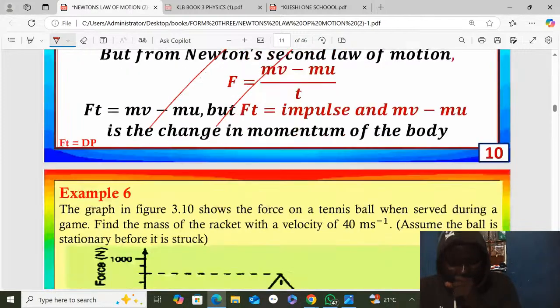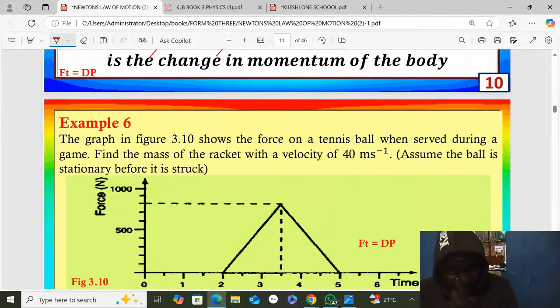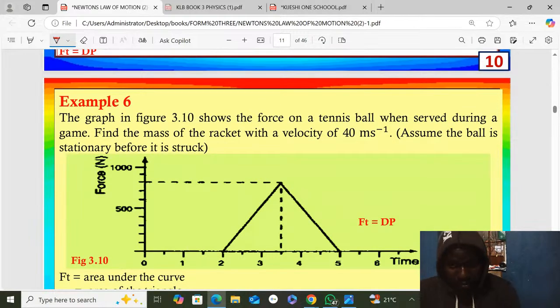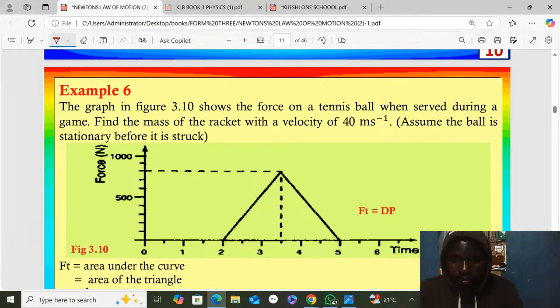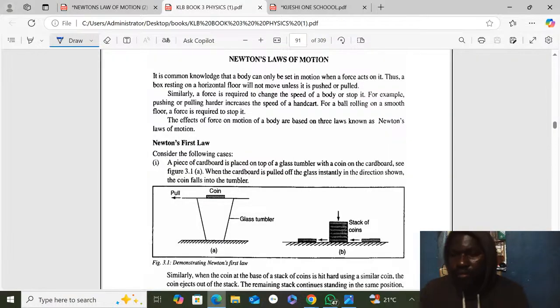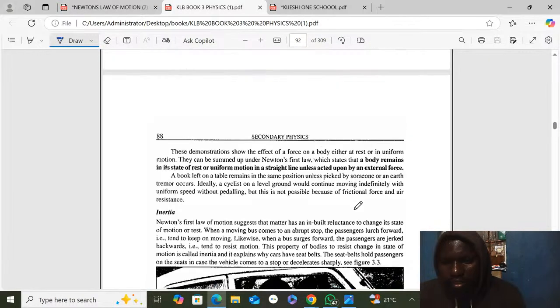You can have an example. But before we go to that example, may we have something?